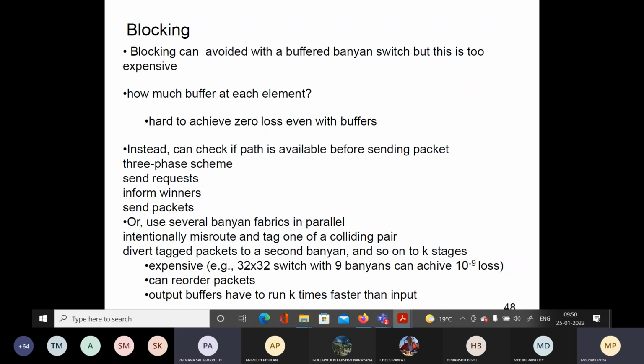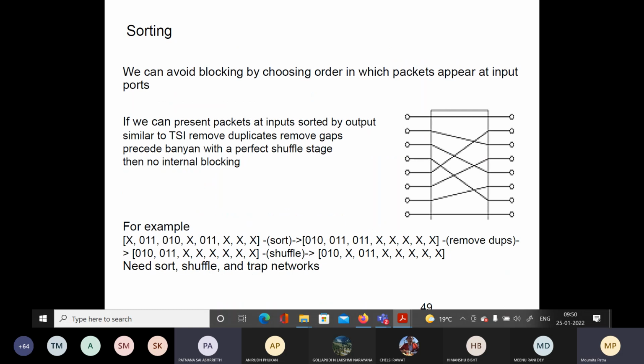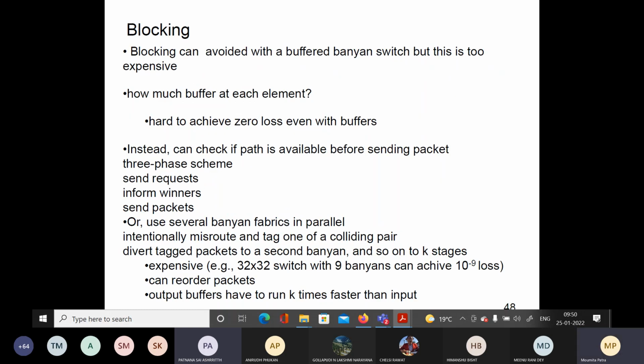Another way is that you use several Banyan fabrics in parallel. You intentionally misroute and tag one of a colliding pair and divert those tagged packets to a second Banyan stage.